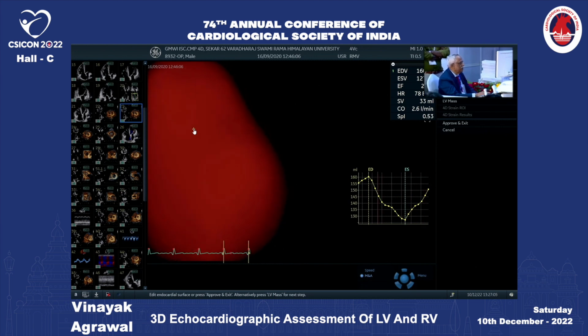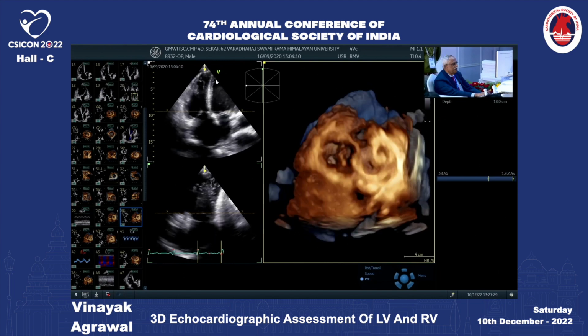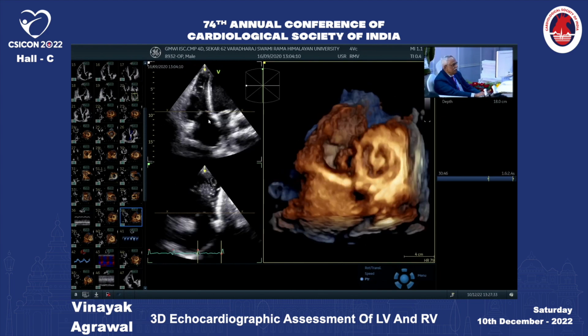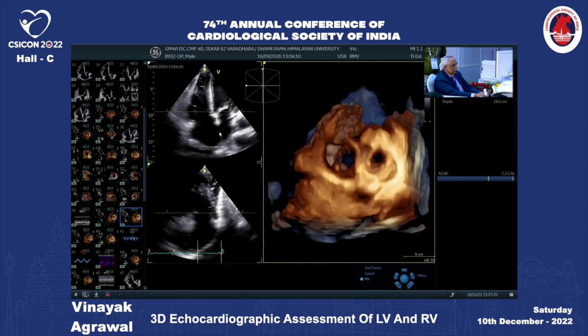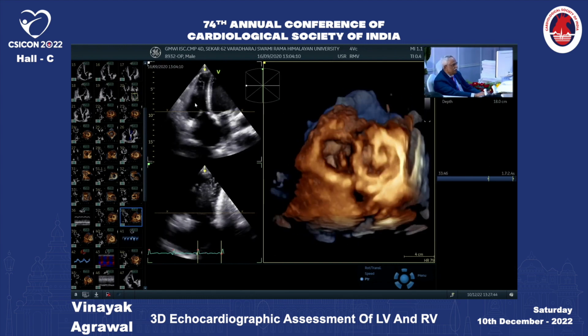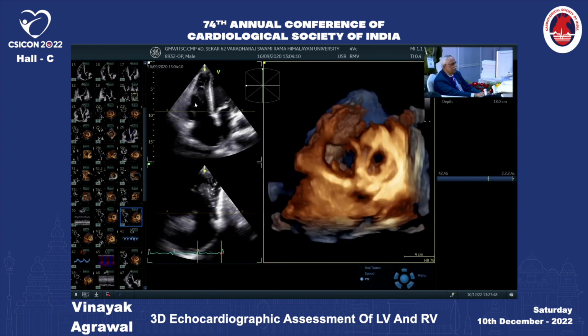We'll next go on to the 3-dimensional echocardiographic measurement of the RV. When you were doing the LV, you saw that the left ventricular apex was in the center. Here we are more bothered about the right ventricle. So this is an RV focused view, including the right atrium and the right ventricle. This is the view you have to obtain when you want to do the right ventricular volumes.